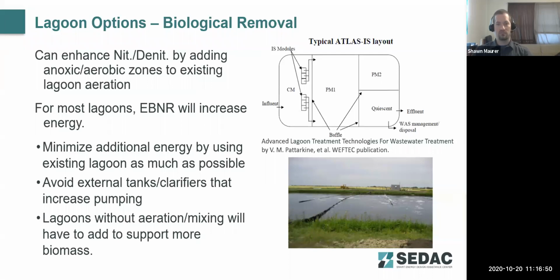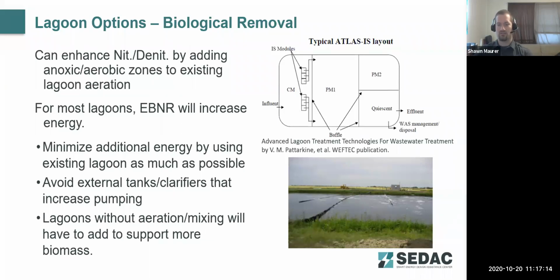For a lot of lagoons, doing enhanced biological nutrient removal is going to be an increase in energy consumption. So what you want to look for is how to minimize that additional energy in that process. You're going to minimize that additional energy by using the existing lagoon as much as possible.